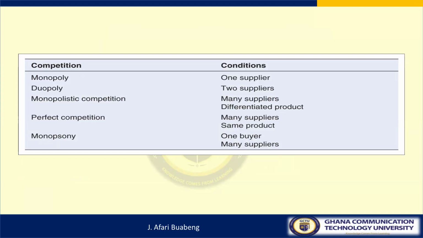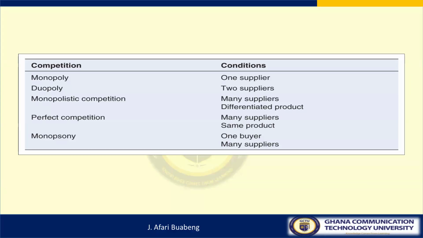Okay, so when there's only one supplier, but there are so many buyers, what would this situation influence? How will it influence prices of goods and services?